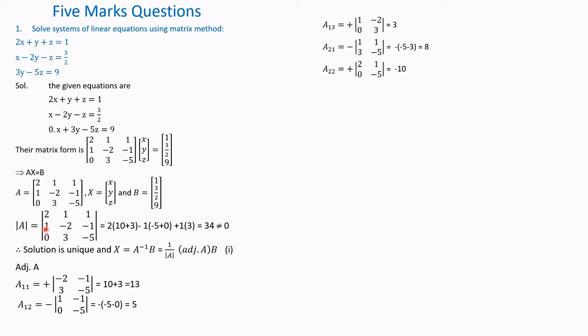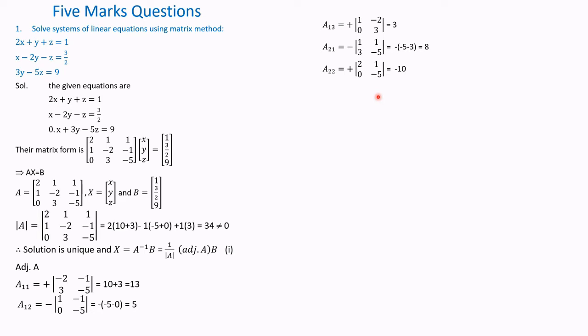Then alternately, if you start with minus, the next row is minus, plus, minus. So A21 is minus, and A22 is plus. You follow the convention, and the determinant of order 2 by 2 is also given here.